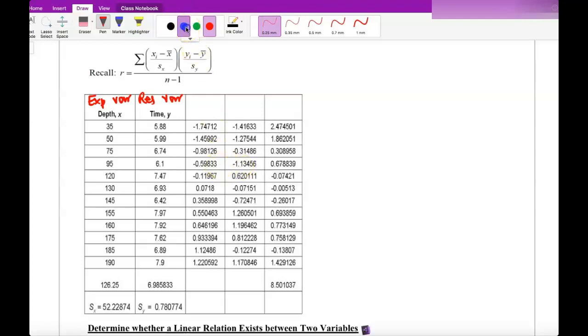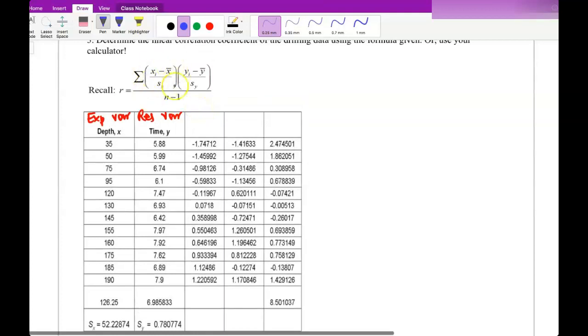And what are these data? We're going to use that formula, and we already have these data for each part. So this is x i minus x bar, divided by s, the sample standard deviation for the explanatory variable.